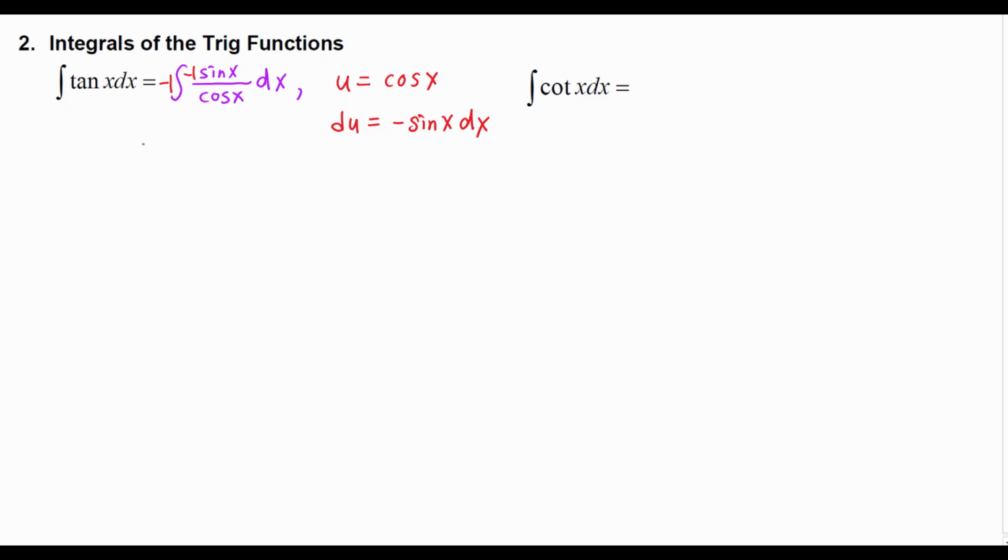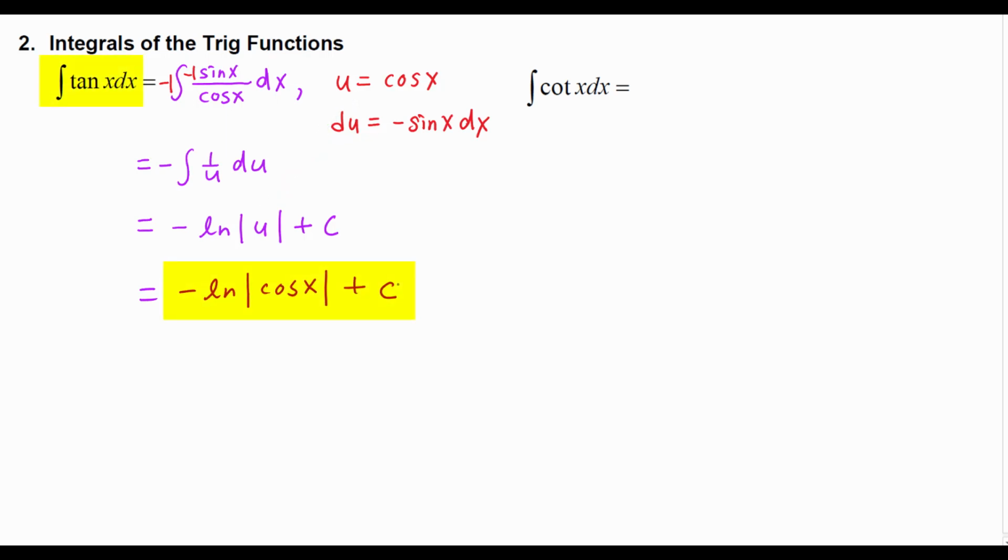So then this is equal to negative 1 times sine x dx, which is your du. 1 over cosine x now is 1 over u du. So then this is negative ln of the absolute value of u plus c. And my u is cosine x. So now you know the integral of tangent x is negative ln of the absolute value of cosine x plus c.